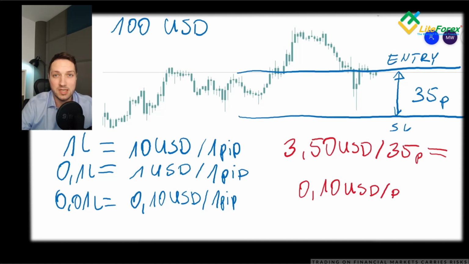That means our position should be 0.01 lot, right? So this is one example.